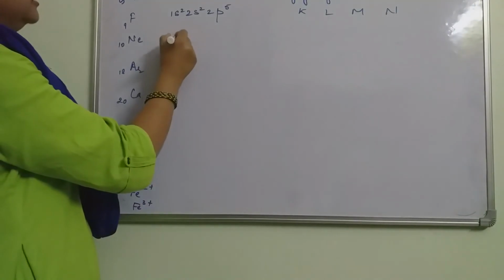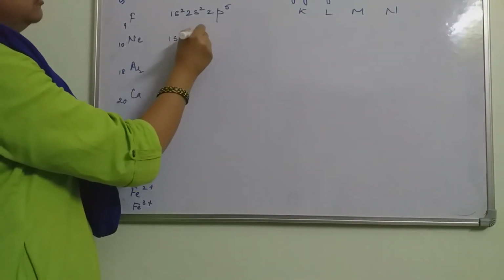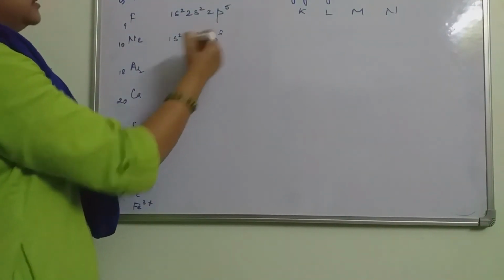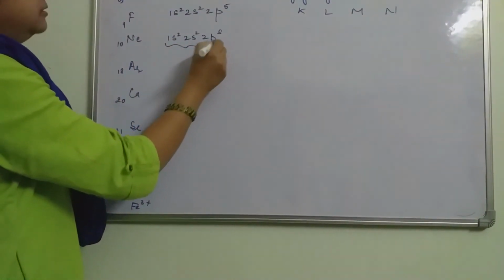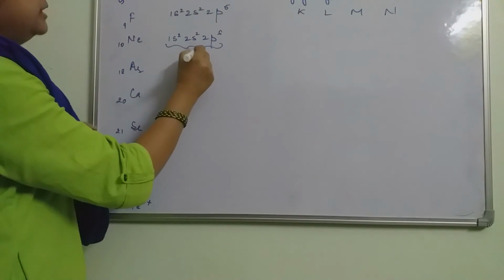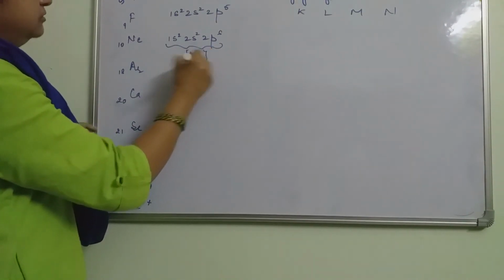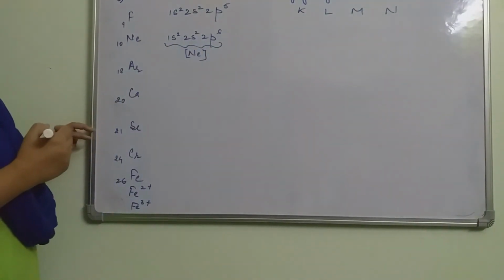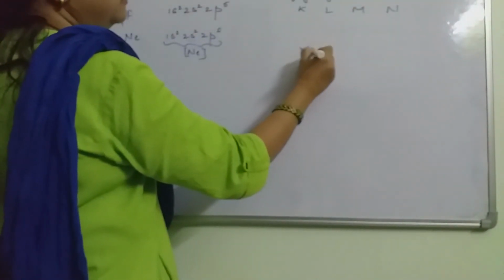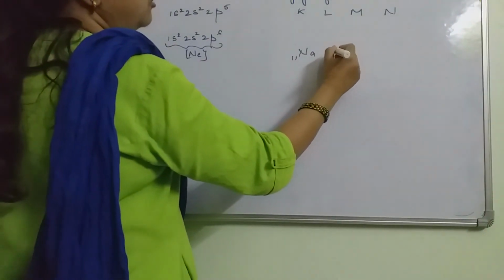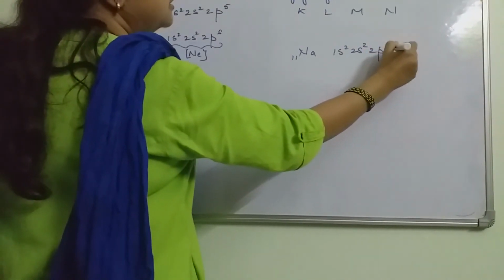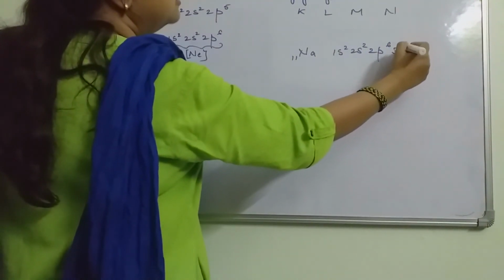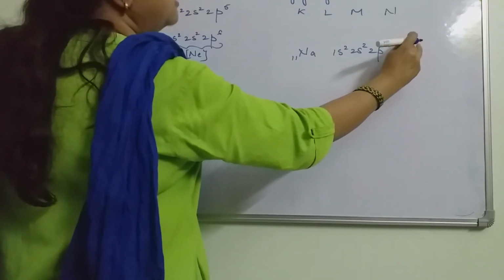For neon, it is 1s2, 2s2, 2p6. So we can write the 10 electrons as neon. For example, if we consider sodium 11, the configuration will be 1s2, 2s2, 2p6, 3s1.